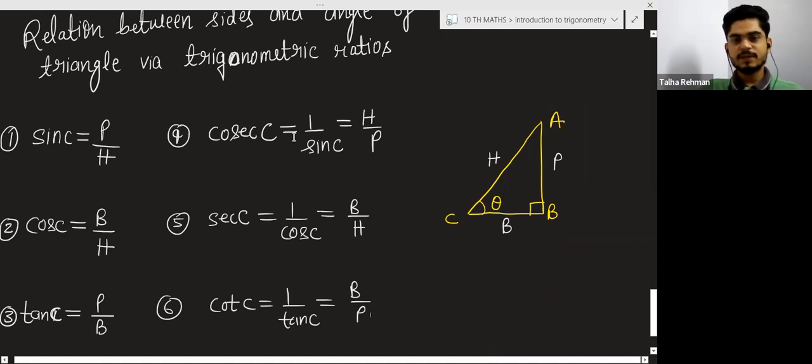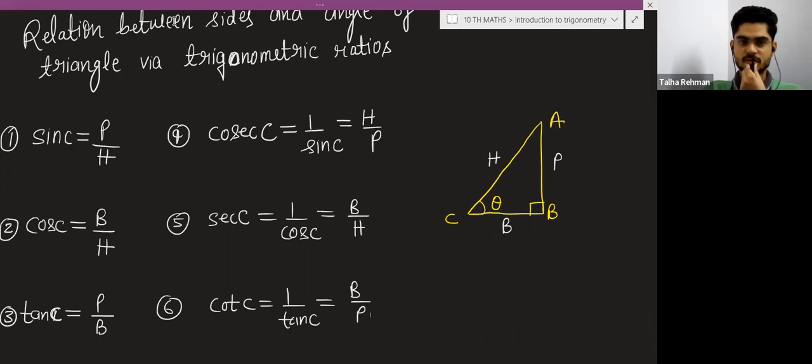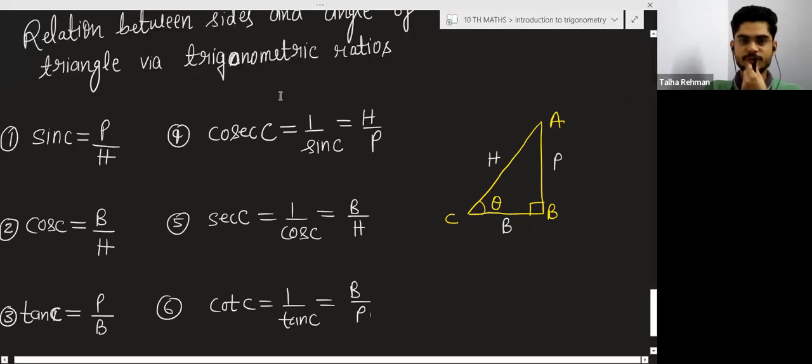Cosec C is the reciprocal of sin C. So sin C is P by H, and 1 upon sin C is H by P. So you have to remember these relations.